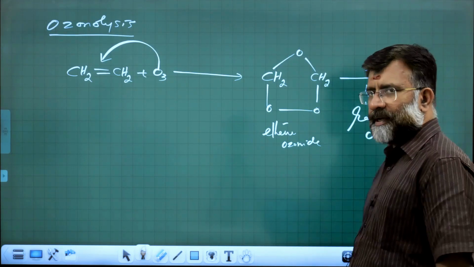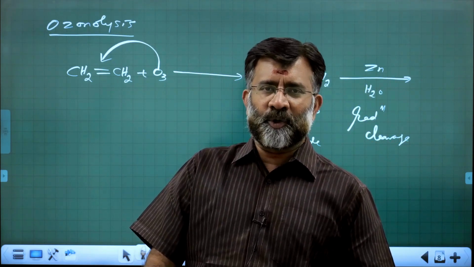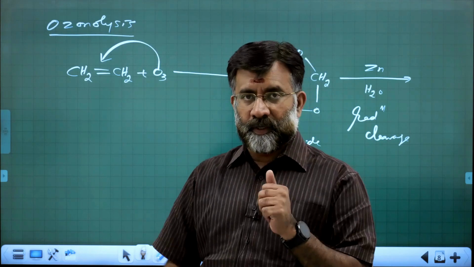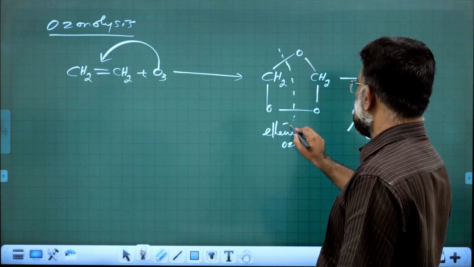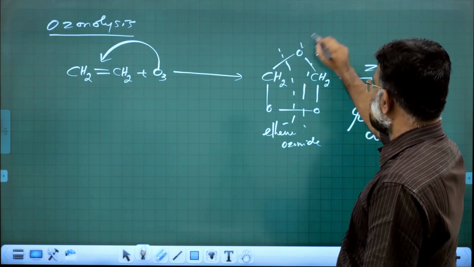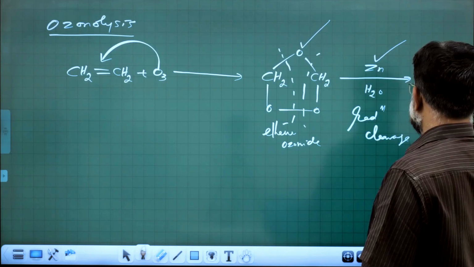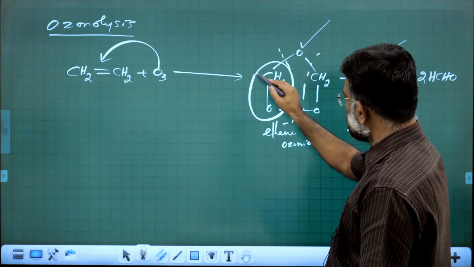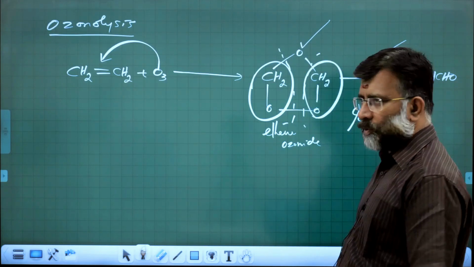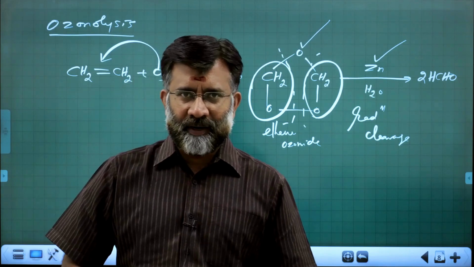There is also oxidative cleavage that maybe you are aware of. Using H2O2, there will be oxidative cleavage giving acids and all. It is going to be a cleavage like this. This oxygen is carried away by zinc, zinc oxide out, and you get 2 molecules of HCHO. CH2O, that is HCHO. You get 2 moles of HCHO like that.